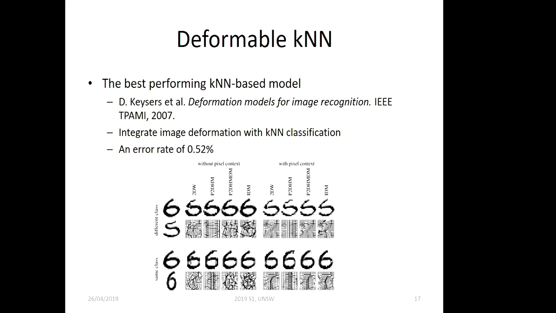By deformation, I mean you shift those pixels around in the matrix. These figures show you the deformation field. The curves show how you move those pixels in certain directions, and then you get a different image. After deformation, the test image will look quite similar to the template image.